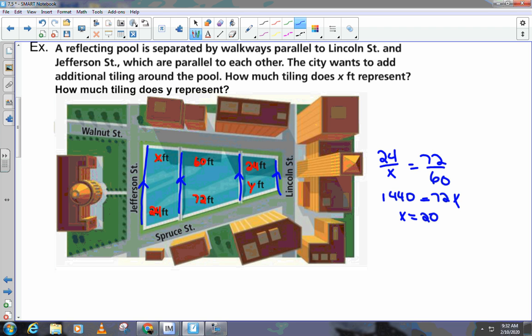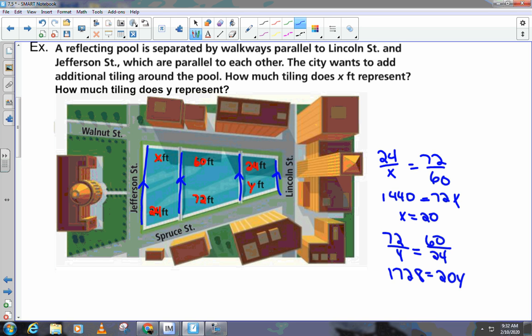Okay. What do you think we might do to find y? Something similar? What would that look like? Perfect. 72 is to y as 60 is to 24. Okay, so we're going to cross multiply again. 72 times 24, 1,728 equals 20y. Divide both sides by 20, and I get 21.6.